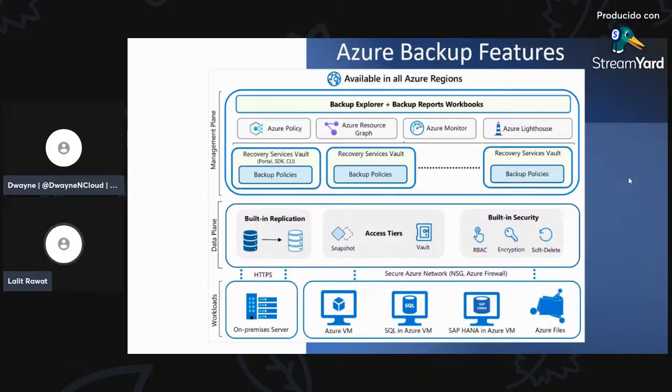It helps you to recover those deleted VMs within your defined policies. It could be 14 days, it could be 31 days. Within that, after deleting also, Microsoft will keep one copy of the backup when you enable the soft delete feature.